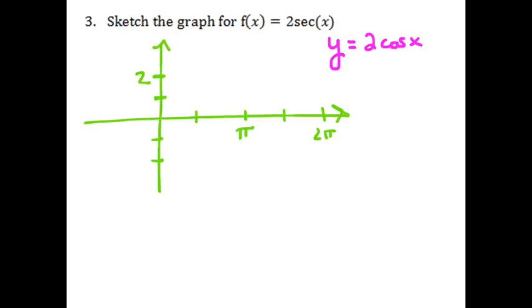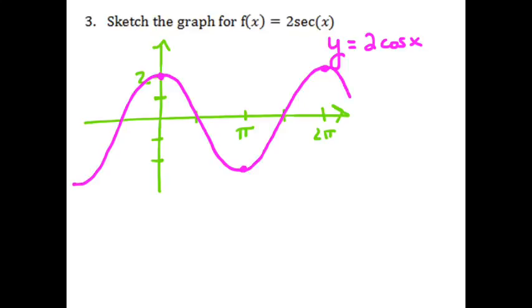And so this cosine graph is going to look like this. Starting at 0, completing the full cycle by 2 pi, because that's my period, bottoming out here at -2 when x is equal to pi. And then if we wanted to extend it a little bit, I'll add a little bit over there.